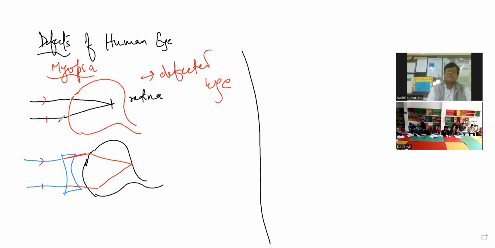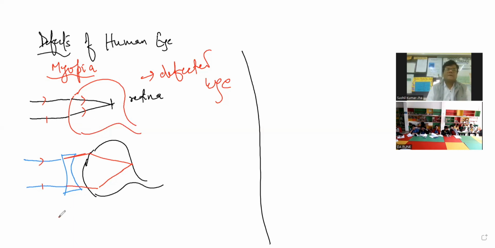In this defective eye, what is happening? Light from a distant object, which is parallel, is reaching into the human eye, the eyeball. Then after converging, the rays intersect before the retina. Since they are not reaching the retina, the image can't be seen. So the ability of the eye to converge the images at the retina has reduced. How is it corrected?